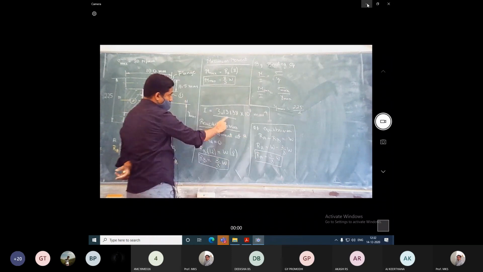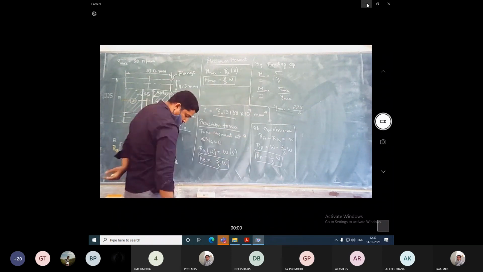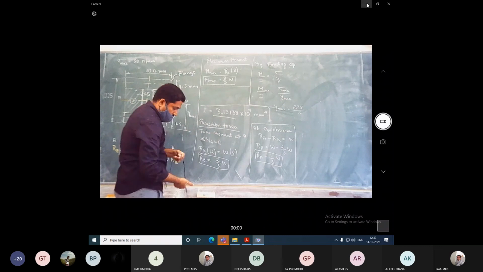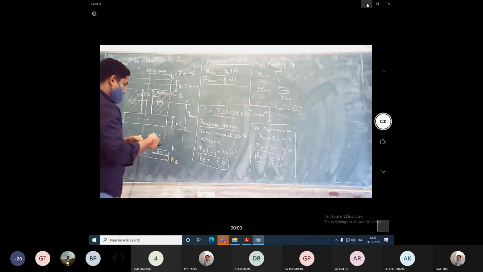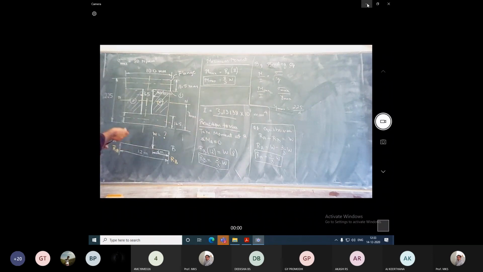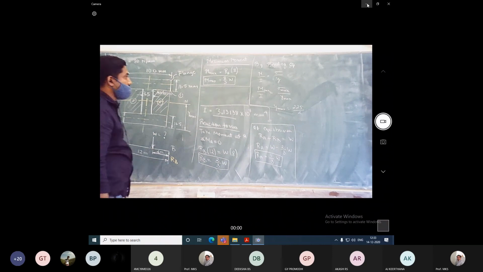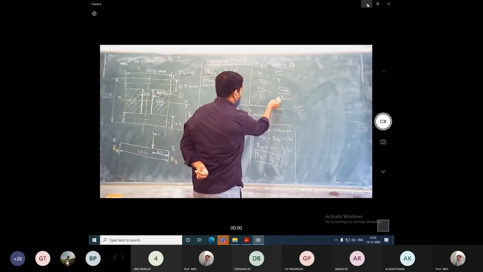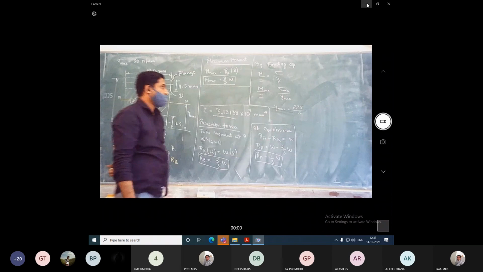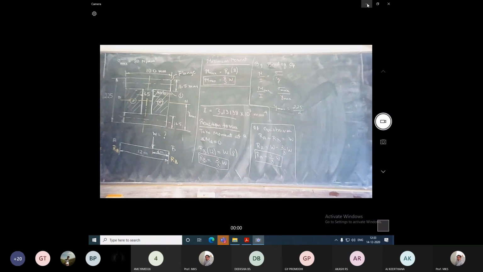I is here. We have calculated the moment of inertia, substitute and find out W. So substitute in this expression, M by I is equal to sigma by y.